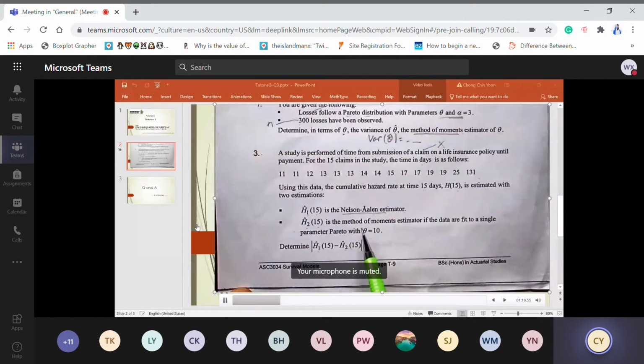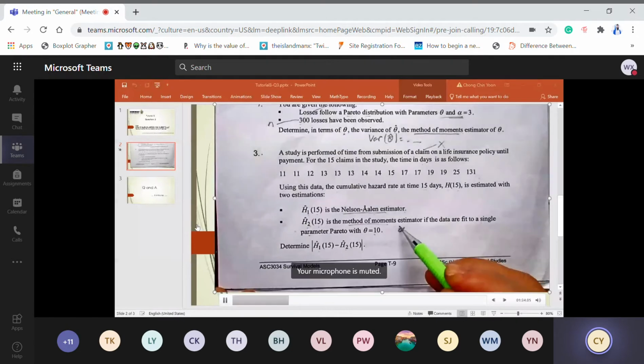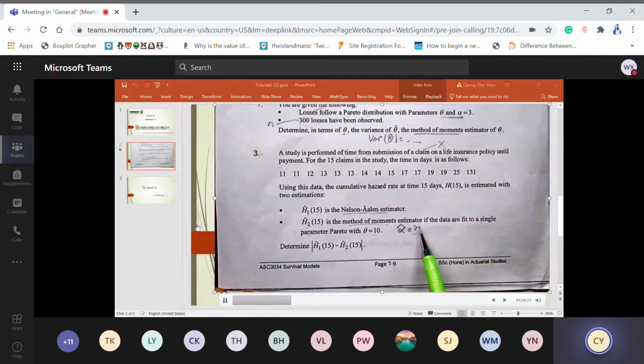Next, by using the method of moments, we try to estimate the cumulative hazard rate at 15 for the H2 under a single parameter Pareto with theta equal to 10, and from here we can estimate the alpha, and from the value of this estimate of alpha we can find the value of H2 at 15, and hence this problem is solved.